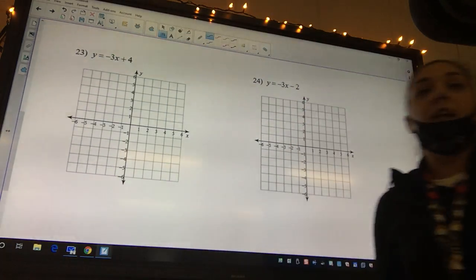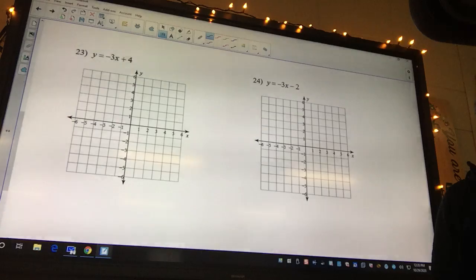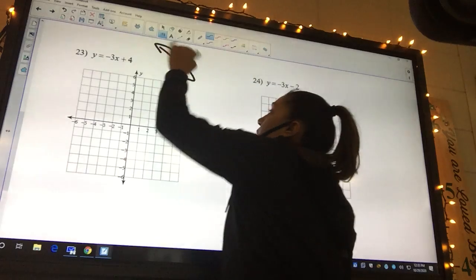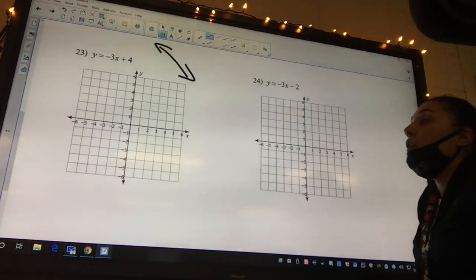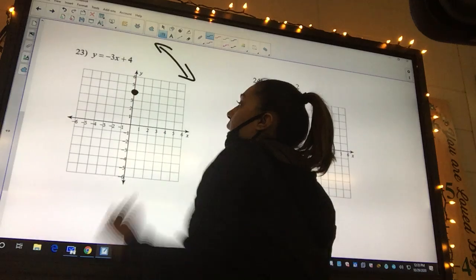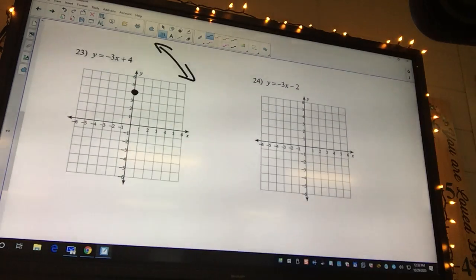Is this a positive or negative slope? Negative. It's a negative slope, so that gives us an idea of what our picture should look like, right? So our picture should be going this way, essentially. Okay, our intercept is at 4. Okay, and my slope, I'm going to rise how many? Okay, and then I'm going to run how many? Over 1. Right.